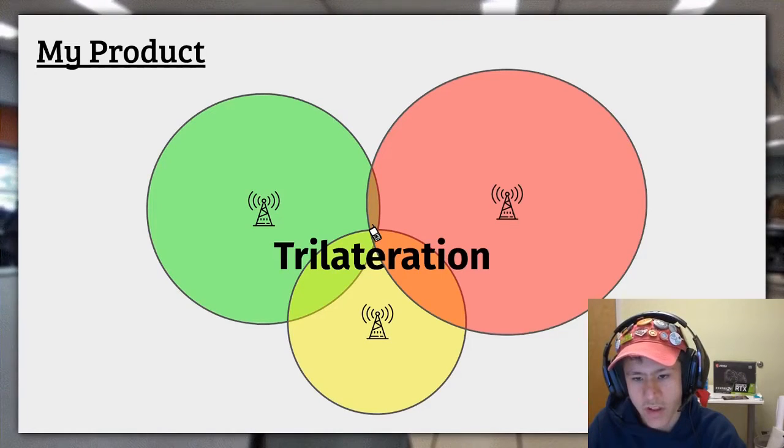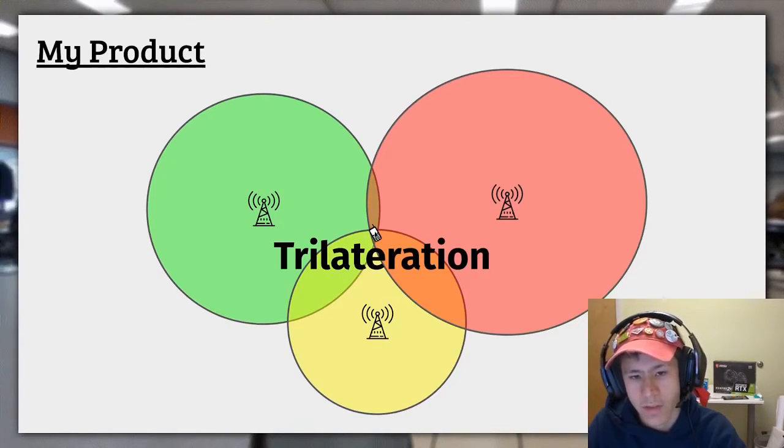When a mobile device transmits a signal, each of the radios at known locations receive it, and they transmit an approximate distance to my server. My server then uses an algebraic operation that is not so different from this diagram here to figure out approximately where the three circles intersect, or where the device is in the room.